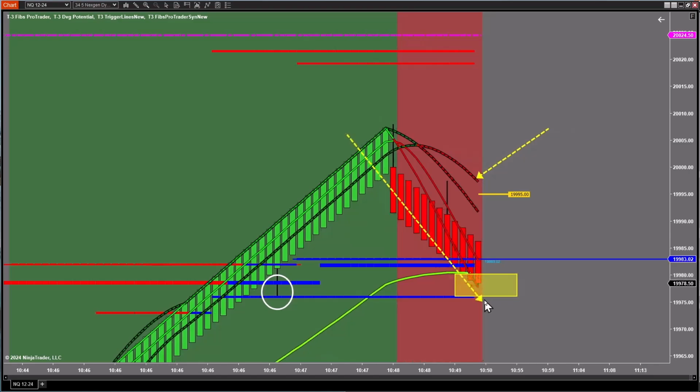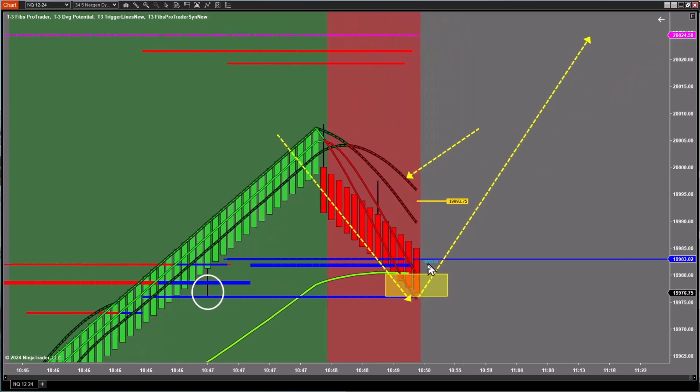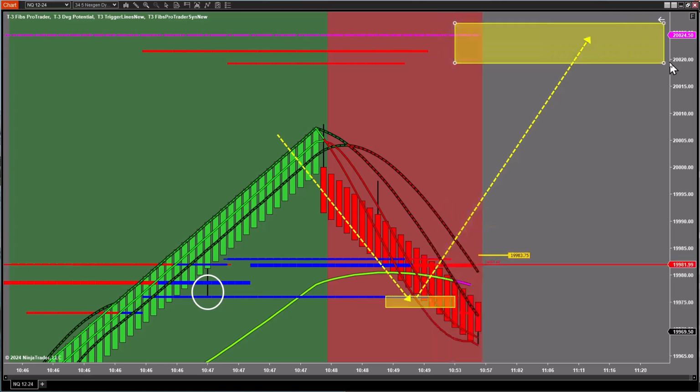They came down lower, and then we're going to look for them to do what we call finish the business. So what we want is 76 to hold, give or take. If it breaks, then we know what to do. But if 76 holds, then we want to trade up to the 2024 area. If it breaks, now we know what to do.